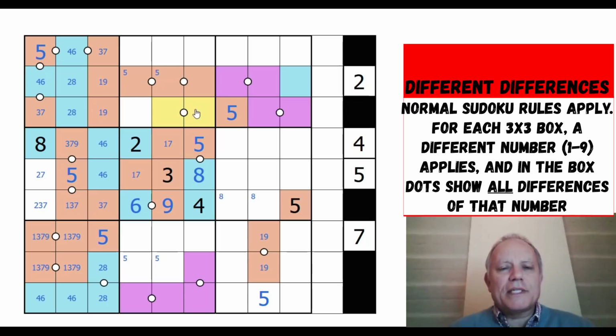And yet they have to be the same parity because this is a 2 or a 4 difference box, so they have to be even. So this one's 2 or 6. This one, well, we don't know if it could be any even number because we don't know if this is a 2 or a 4 box yet.